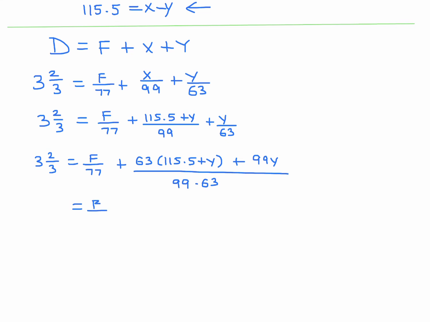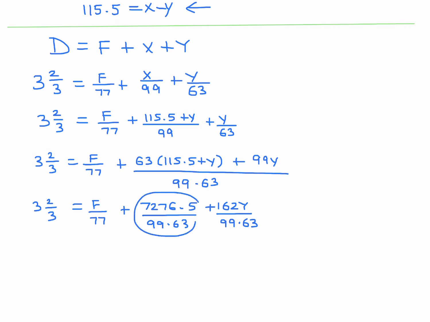So when you expand it all out, it gives me 7276.5 plus 162y over 99 times 63. And I'll break it up this time since I can bring that over to the other side. And this is 3 2/3.